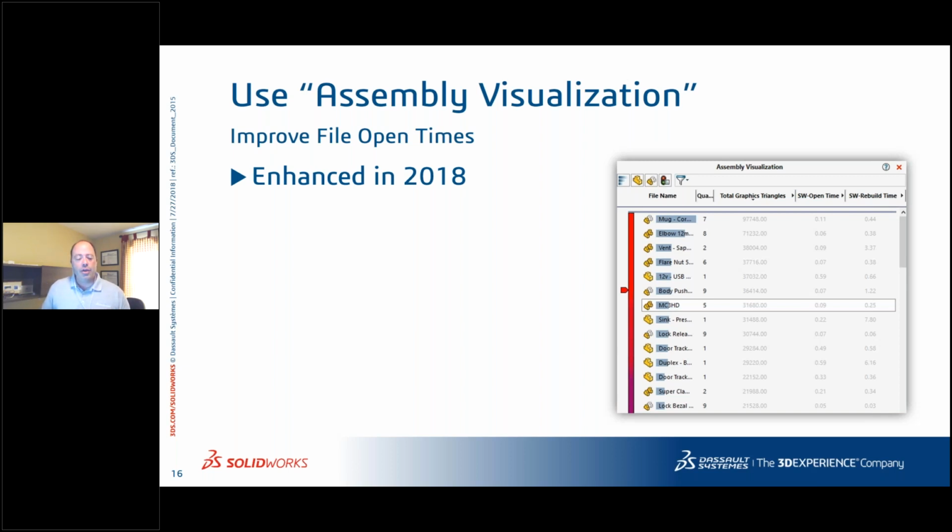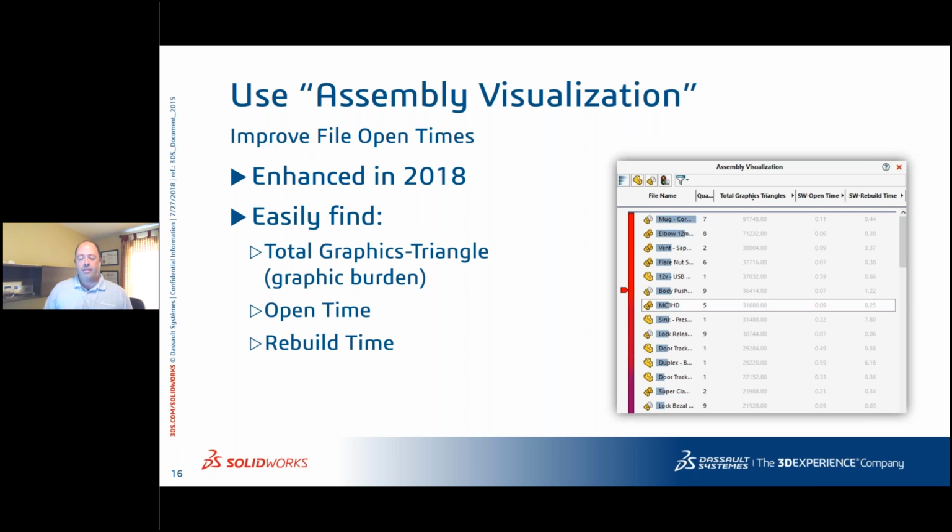So in 2018, you can quickly create an assembly visualization and basically separate an assembly based on either the graphics triangles. Graphics triangles really relates to the graphic burden, how big the display is. But you can also look at open times and rebuild times of components within your assembly. So this is a great tool to use. Like I said, it's enhanced in 2018, but it's still available in earlier releases. It's just not as visible as it is in 2018.